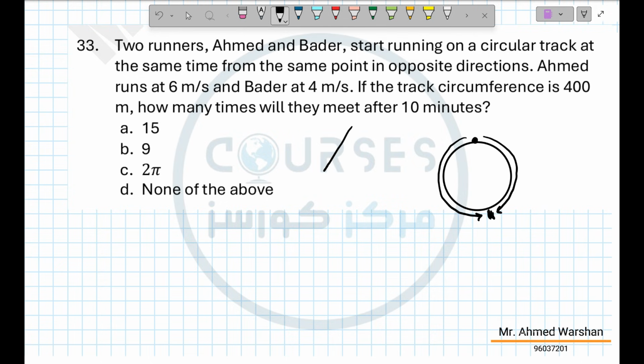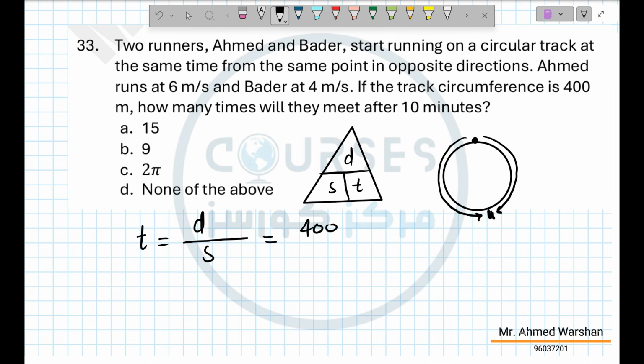We have our triangle that we know. This is the distance, this is the speed, this is the time. We want the time, so the time equals distance divided by speed. So in this case, the distance is 400 meters over the speed. Which speed?